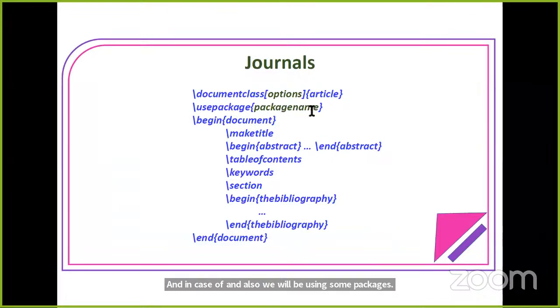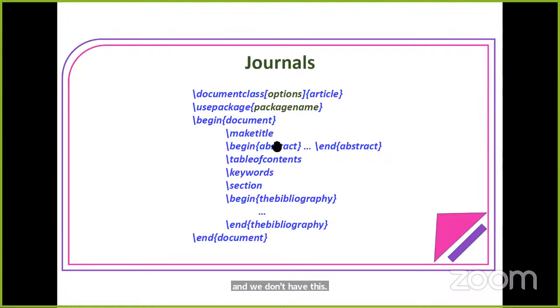For example, for math I can use the amsmath package, and for color themes I can use xcolor. After that, the begin and end commands, that is, the document environment, is provided, and within the document environment first comes make title, so the title will be provided. After that, since it is a journal, we will have an abstract as well as keywords.